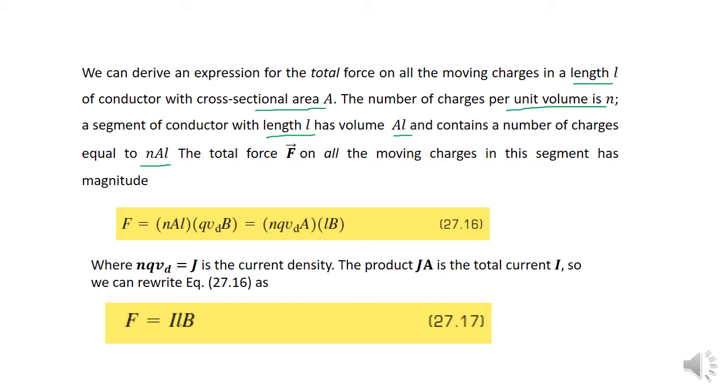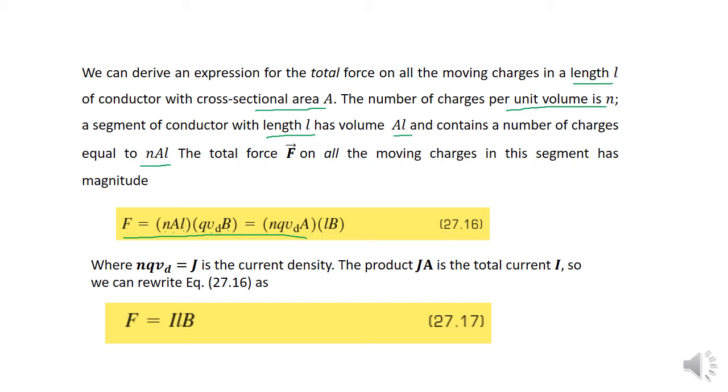The force on all the moving charges inside this segment is given by nALqvB. Here n is the number of charges per unit volume, A is the cross-sectional area, L is the length of the conductor, q is the charge, v_d is the drift velocity, and B is the uniform magnetic field.